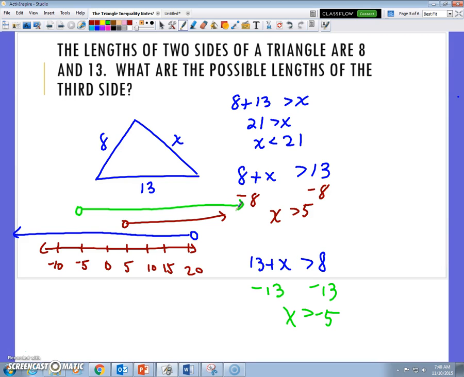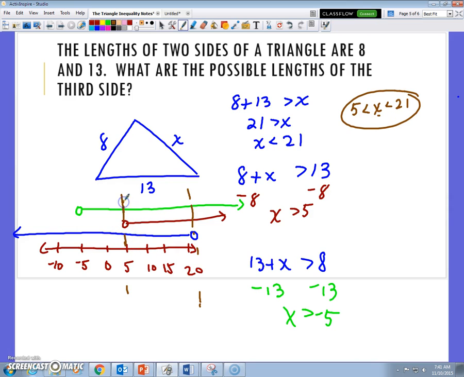The only solutions must fit all 3 restrictions. So my solution set is going to be where all 3 lines meet. So from 5 up to 21. The only side lengths that I could have are lengths that are greater than 5 and less than 21.